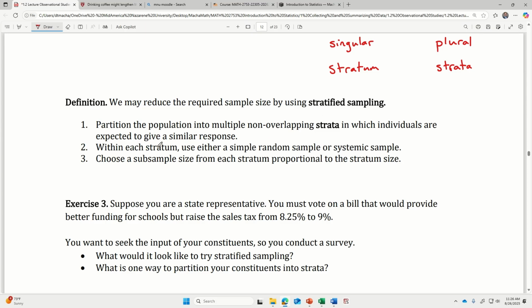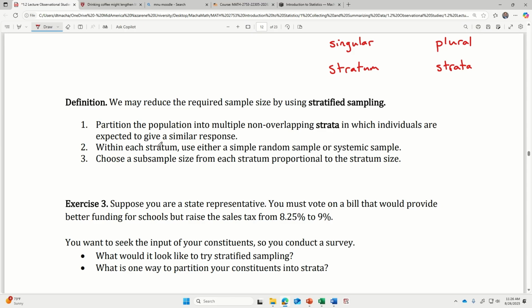And then when you do this, you want the subsample, the size of the sample you pick from a particular stratum, to be proportional to the size of the stratum. Another idea, let me come up with an example on the fly. In the Chicago metro area, there's a lot of Polish people, a lot of immigrants from Poland.